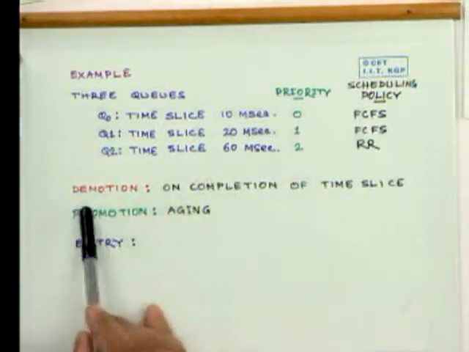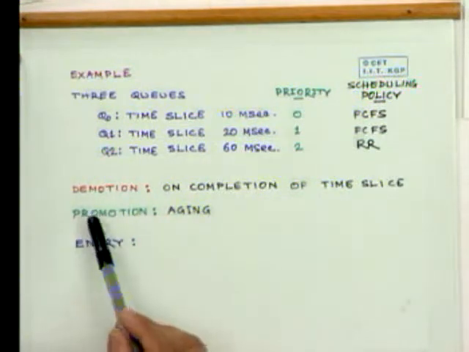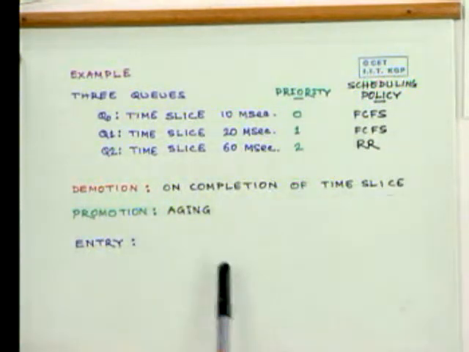Now, different methods are there. For example, for demotion, on completion of the time slice: if a process is in Q0 and it has been dispatched, and on the processor it has consumed the entire quantum of 10 milliseconds, in that case the process can be declared at that instant to be CPU bound, and it can be demoted, because the policy may be to give IO bound jobs higher priority so that all the IOs remain occupied.